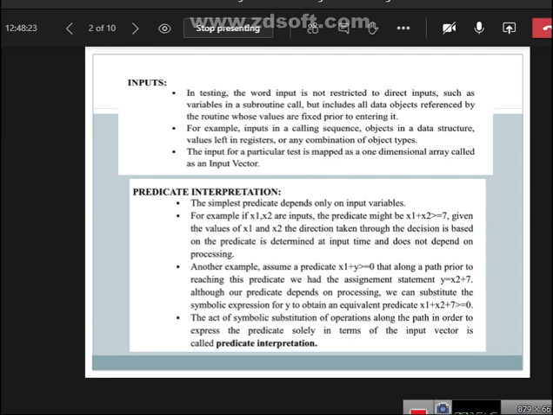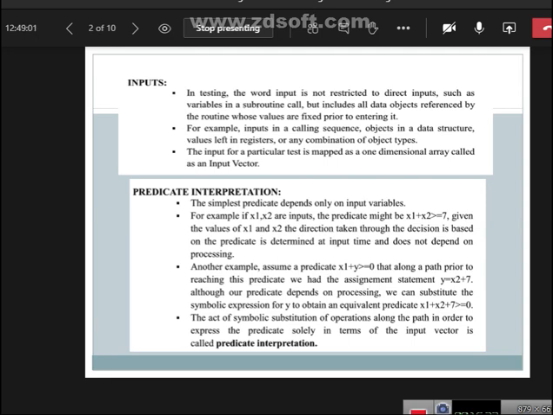Whatever input we give, based upon that input itself the predicate takes the decision. It is determined at the input time and must not depend on the processing.